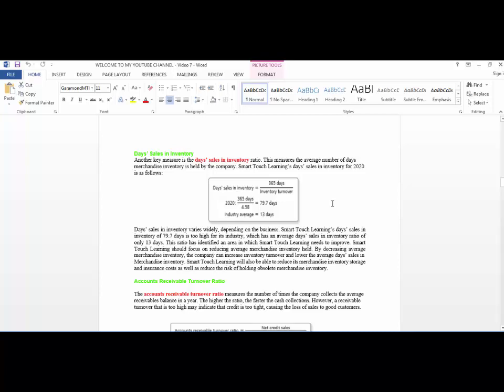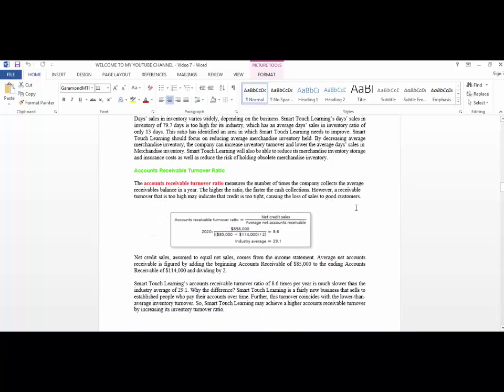Okay, so the next ratio is the account receivable turnover ratio. Account receivable turnover ratio shows how a company collects its average receivables balance in a year. It means if the ratio is higher, the company can collect cash faster. However, a receivables turnover that is too high may indicate a company's credit policy is too tight. Now, the account receivable turnover ratio equals net credit sales divided by average net account receivables.